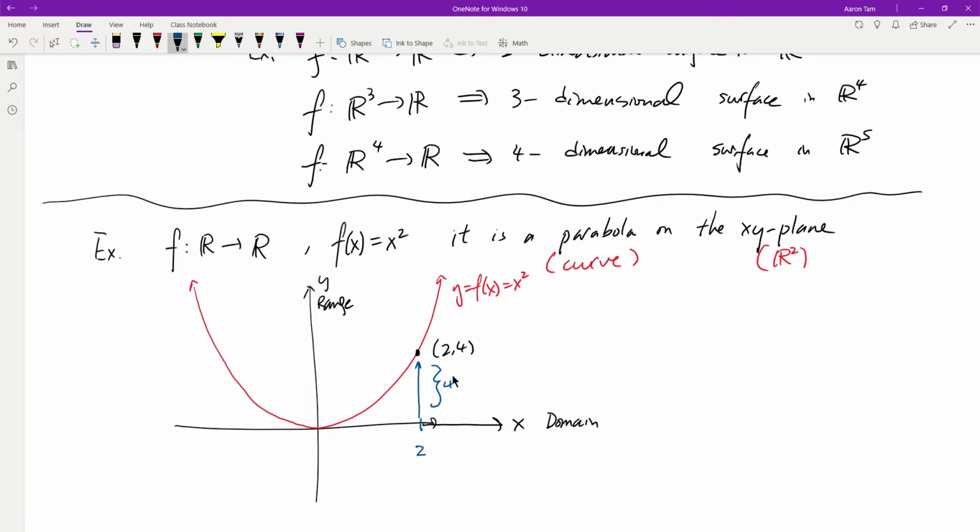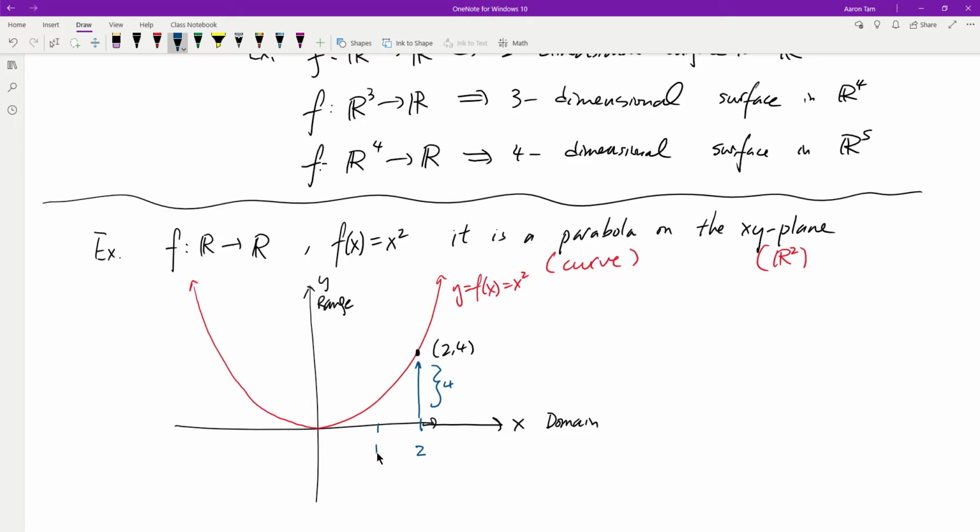So notice the way we generate our graph is first by identifying the input value in the domain, and then taking the output value and translating our point from the domain along the range direction, and therefore identifying the point that we need. And that process is repeatedly applied to draw this curve.